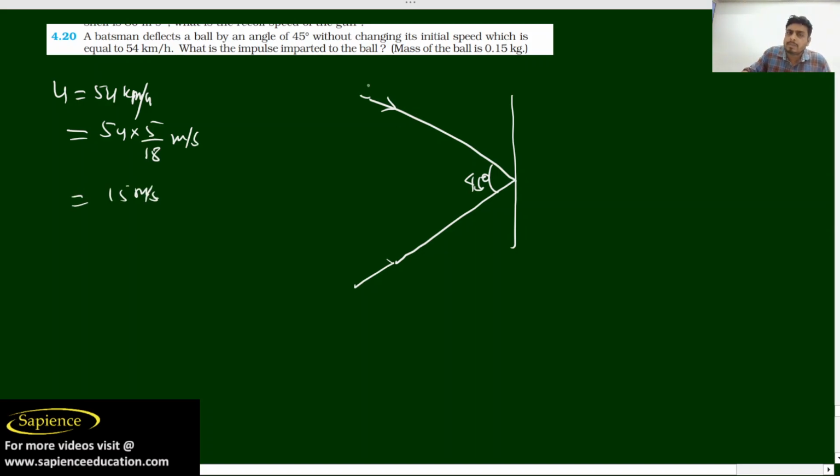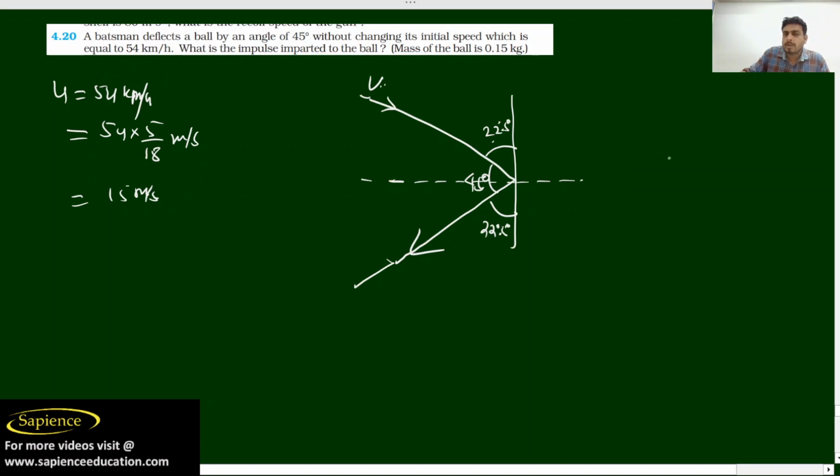Initially it was 15 meter per second velocity. Let us consider this angle. What is this angle? If I go for symmetry, this will be 22.5 degrees, and this is also 22.5 degrees. Can we take its components? Suppose the initial velocity is v.